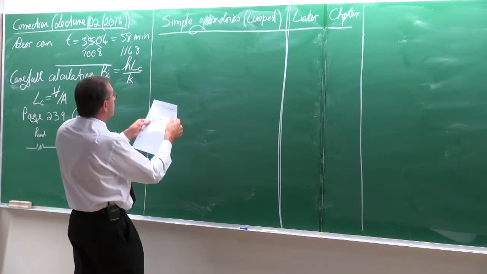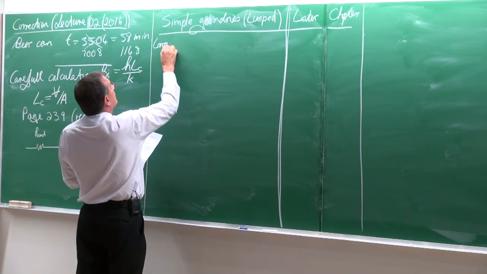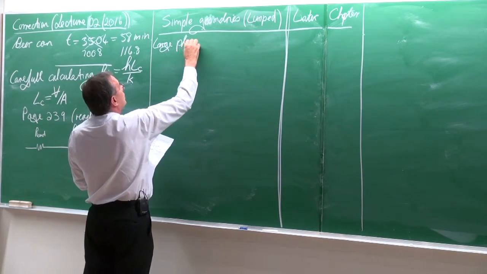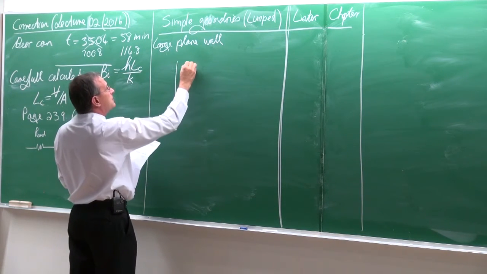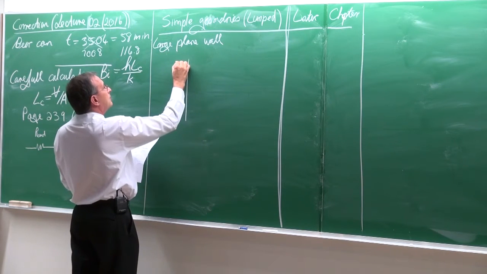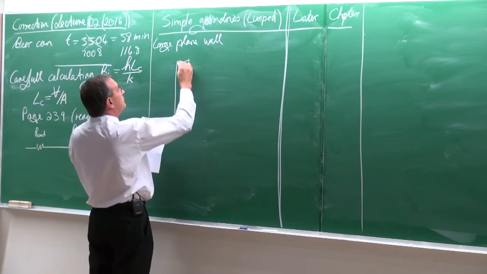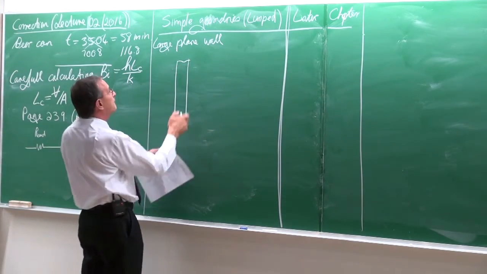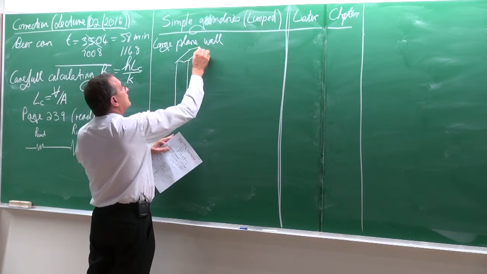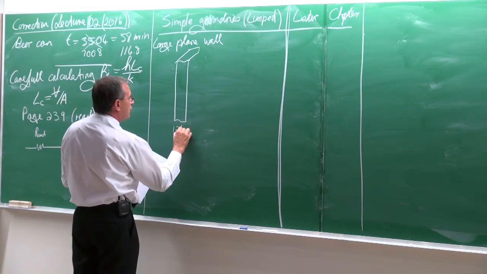One of the first bodies that we're going to look at is a large plane wall. A large plane wall would typically be a sheet of material with a very, very long length and the thickness relatively thin, with a width of 2L.